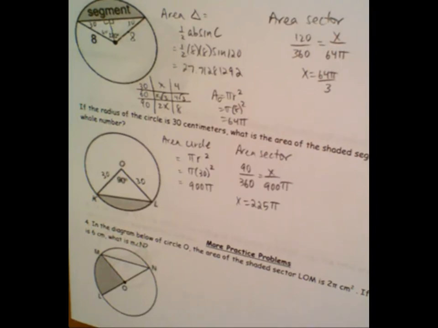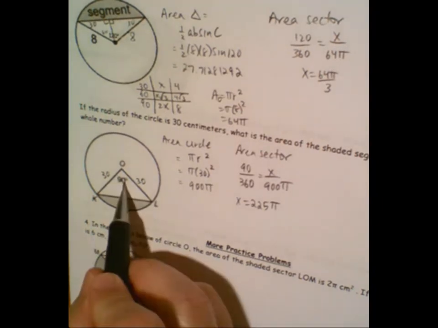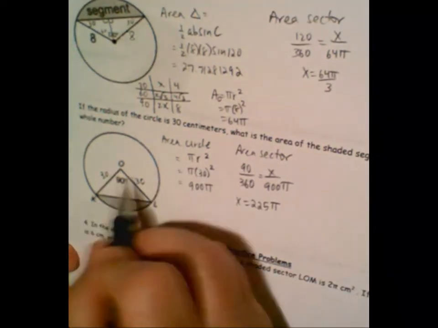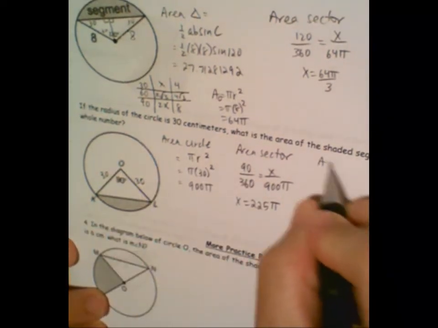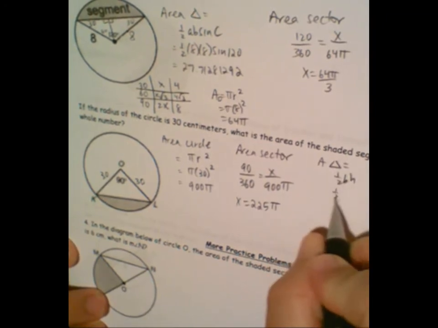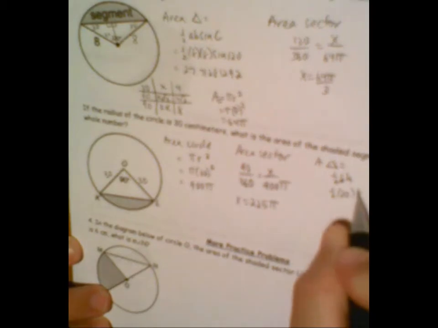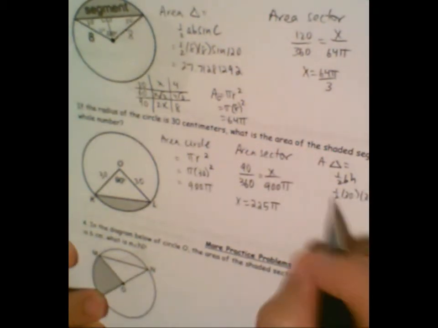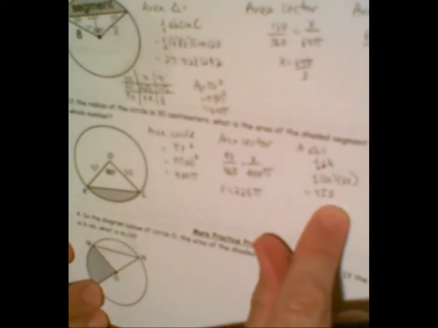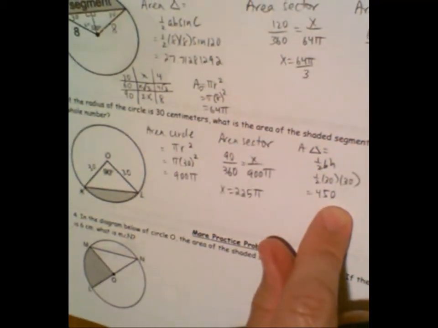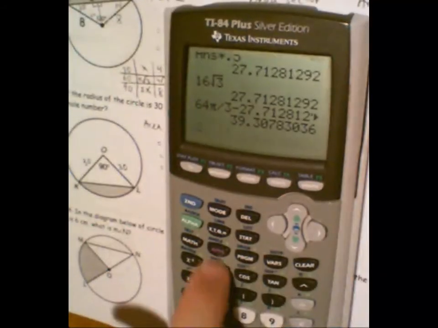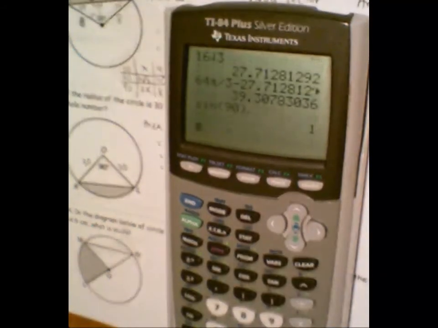Well, the area of the triangle, because this is 90 degrees, the base and height of this right triangle are 30 and 30. So the area of the triangle is 1/2 base times height, 1/2 of 30 times 30, which is equal to 450. But I also could have done 1/2 ab sine C, 1/2 of 30 times the sine of 90. The sine of 90 is 1.